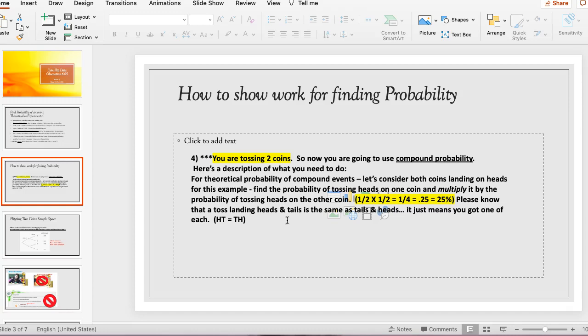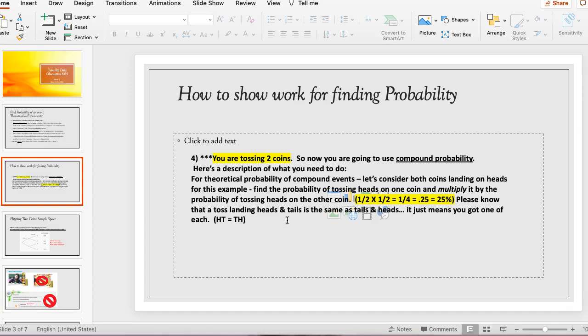So here's a description briefly of what you need to do. For finding the theoretical probability of compound events, let's consider both coins landing on heads for this example. The first coin is flipped, lands on heads. The second coin is flipped, also lands on heads. So you're finding the probability of tossing heads on one coin, and you multiply it by the probability of tossing heads on the other coin.